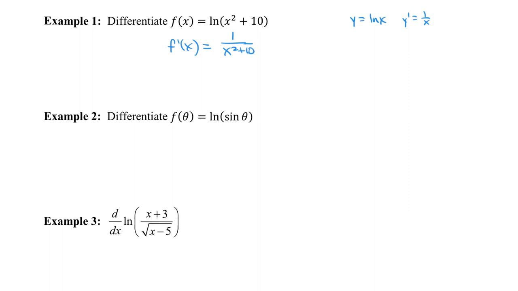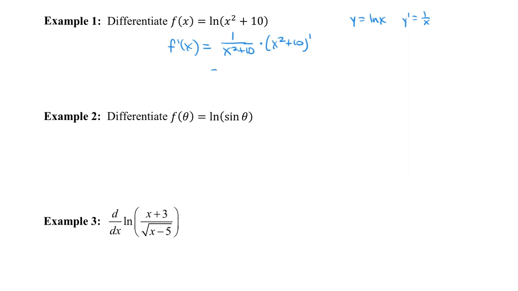But unlike this problem where we have plain old x as an argument, so we don't need the chain rule, this is not plain old x, so we do need the chain rule. So now we need to multiply by x squared plus 10 prime, which is just 2x, of course.